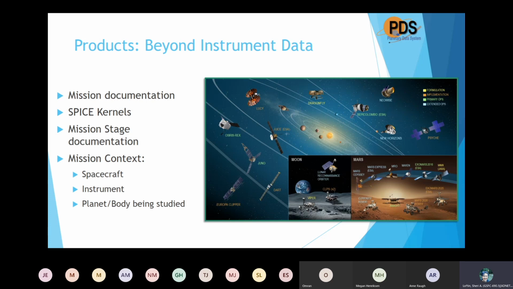Context products are important. If you have a telescope, describe the telescope. If you have an instrument that you attach to that telescope, describe the instrument attached to that telescope. How does it collect the data? All of that information is important. Navigational information has been used for previous studies to actually do new things that weren't even thought of when the mission was originally happening. So this kind of stuff is important for future missions, future studies using your data.